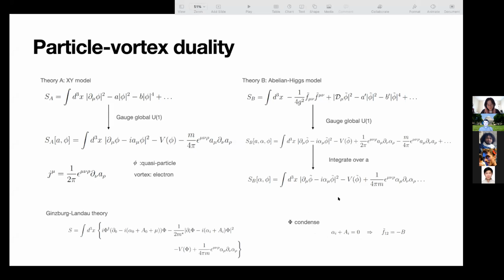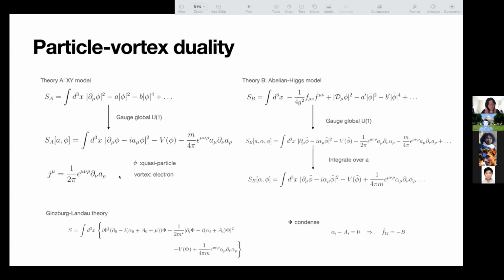Also, in this language of particle-vortex duality, this phi field has an anti-particle, and if you want to get a Ginzburg-Landau theory plus Chern-Simons, you need to consider actions like this.